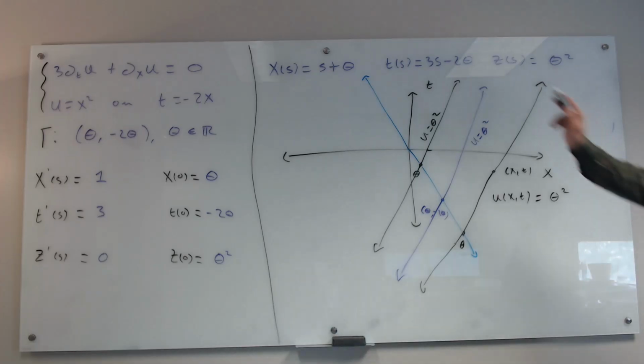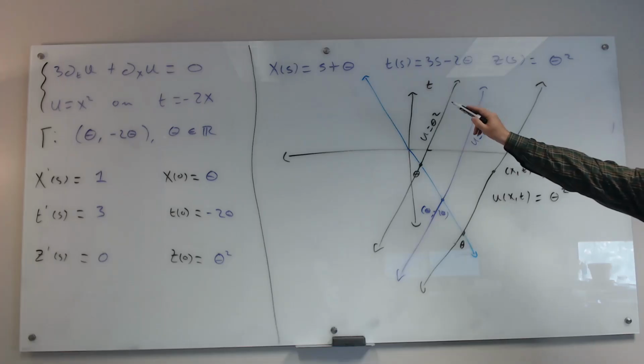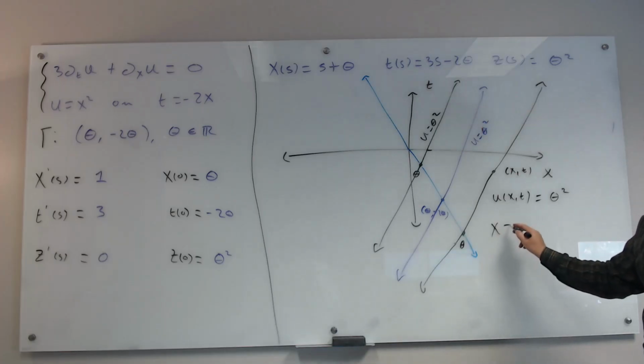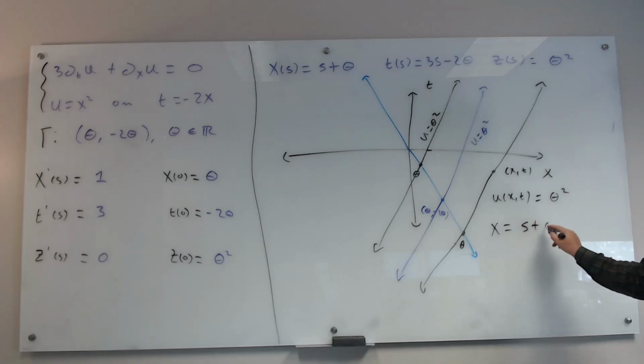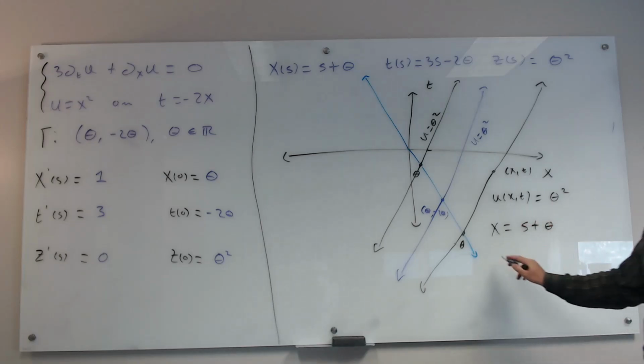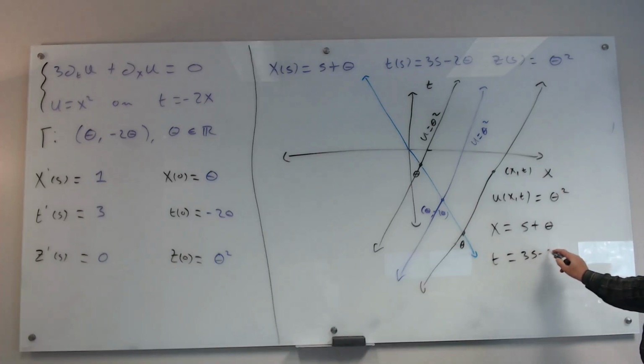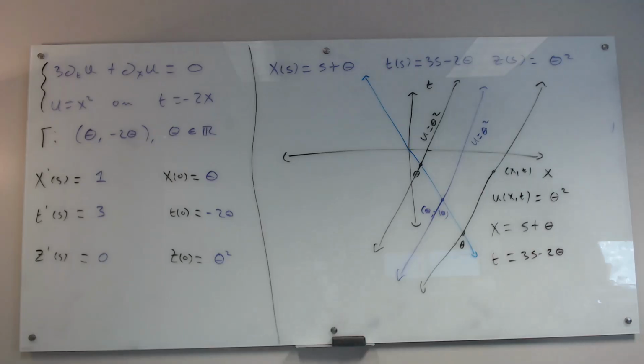I know (x, t) lies on this curve, for s plus theta and 3s minus 2 theta. So I know that x is equal to s plus theta, and I know t is equal to 3s minus 2 theta. Now the thing I really want to know here is what theta is.